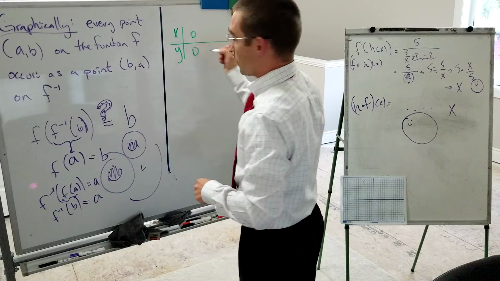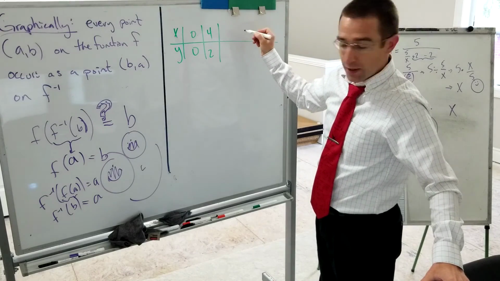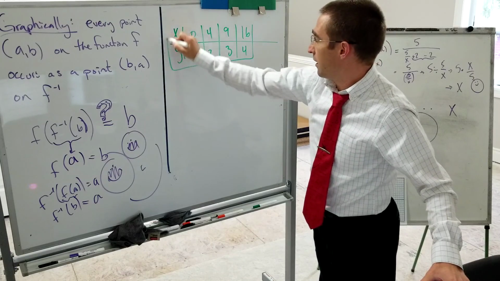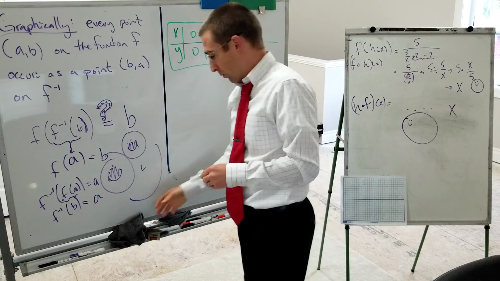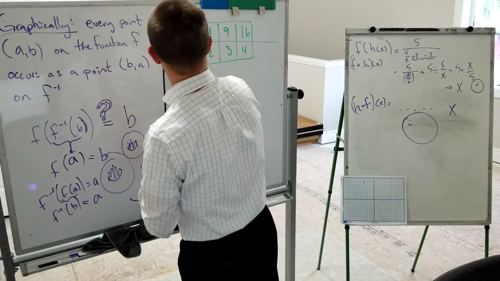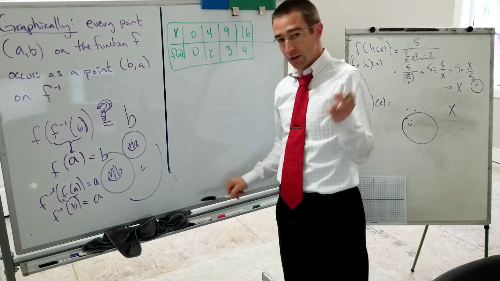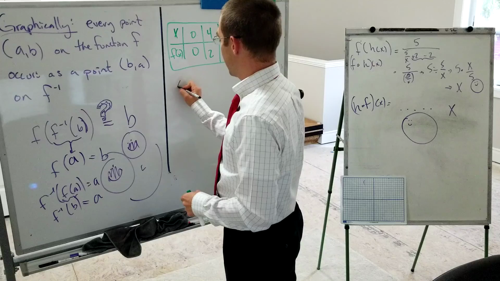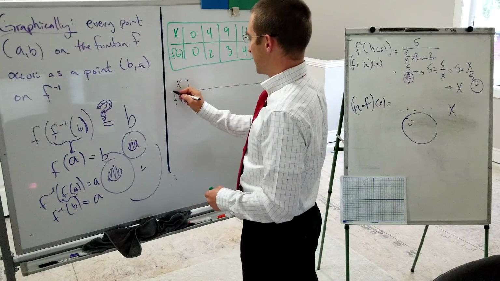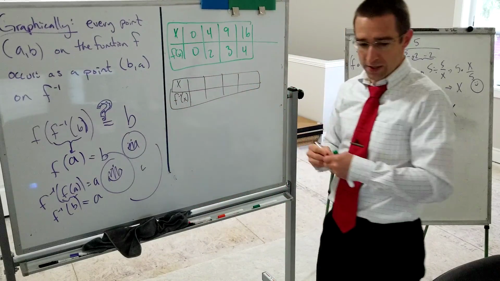We got 0, 0, 4, 2, let's say we have 9, 3, and let's say we have 16, 4. And sorry, instead of x and y, this is x and this is f of x. What I want you to do on your paper that you're working on right now, I want you to find the table x, f inverse of x. What is that table going to look like? Go! Pause the video, go!